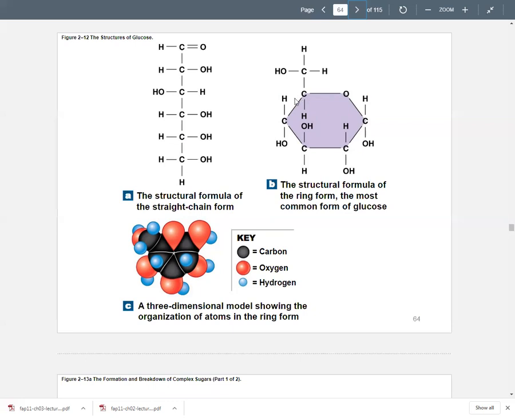So this is actually more stable than this one. But you don't necessarily need to know why and all that. We won't get into that. Just know if you see either of these, it's a carbohydrate, okay? All right, and this is a 3-dimensional model because each atom takes up space, so this is kind of what it looks like in 3 dimensions.